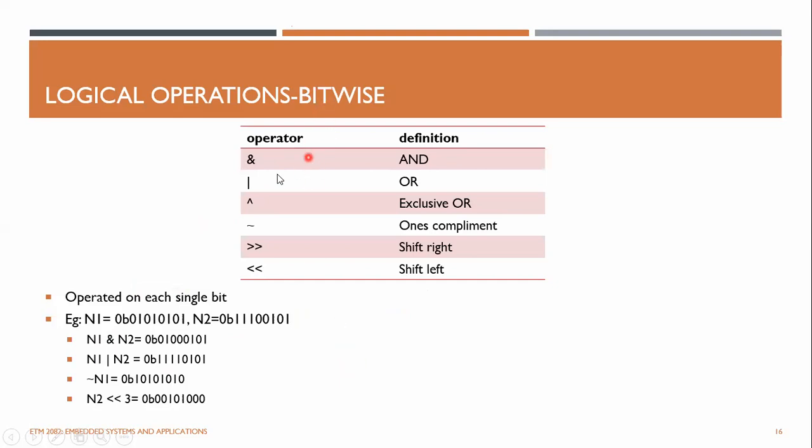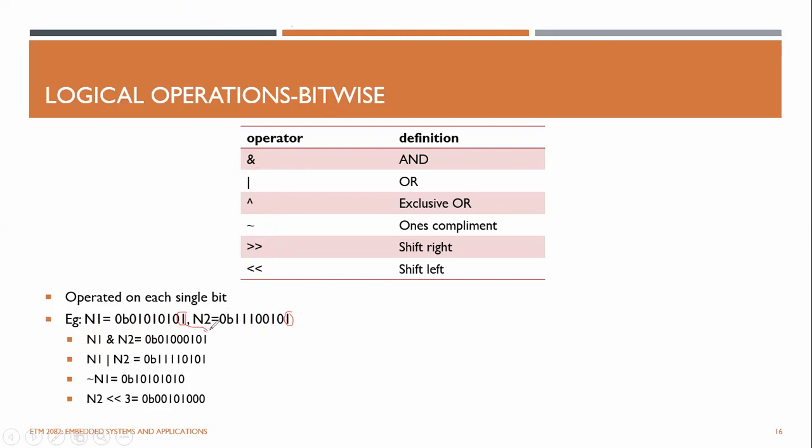And bitwise operations are applied to single bits, right? So these are bitwise AND, OR, exclusive OR, one's complement, shift right, and shift left. This number N1 is like this, and N2 is like this. If you take N1 and N2, you have to take single bits separately and do the operation. You take this one and this one and take the AND, right?